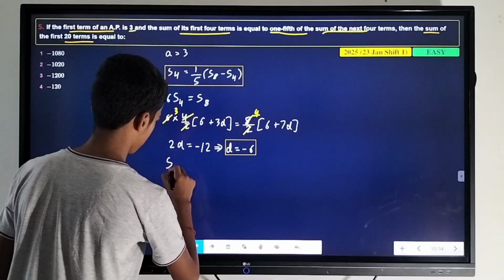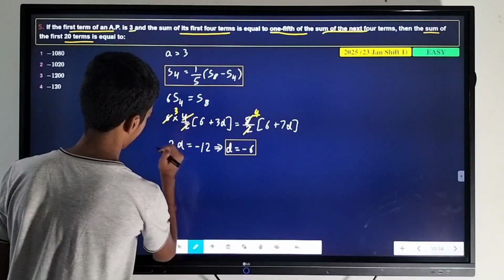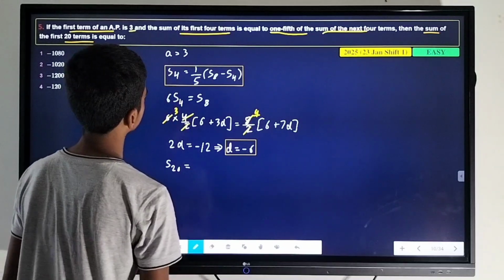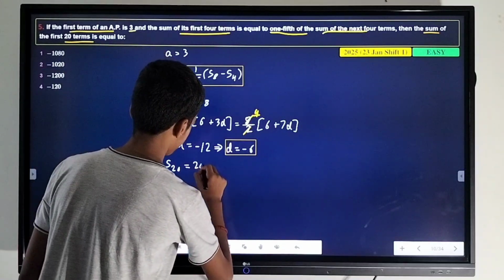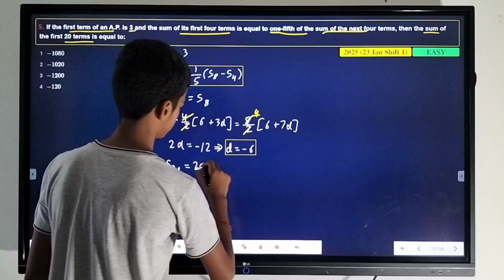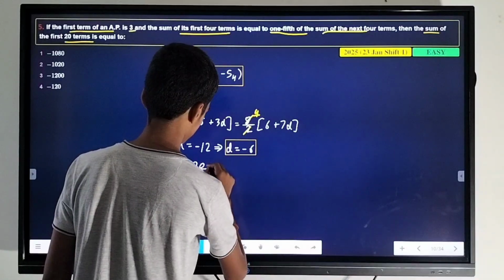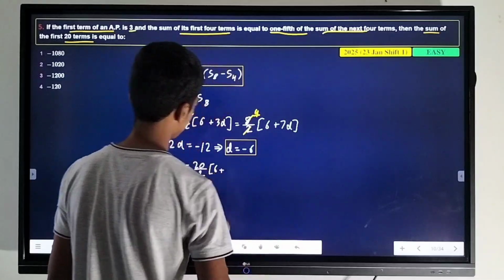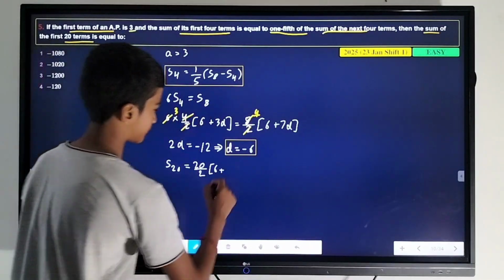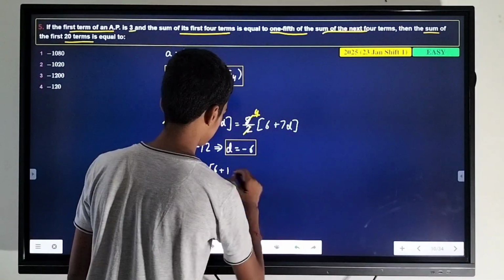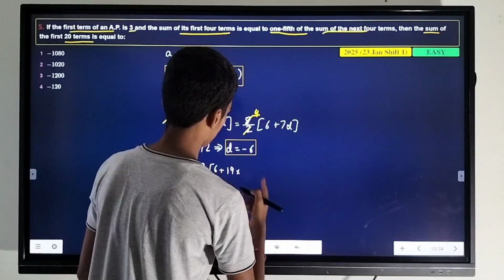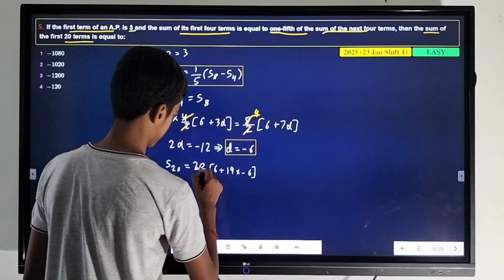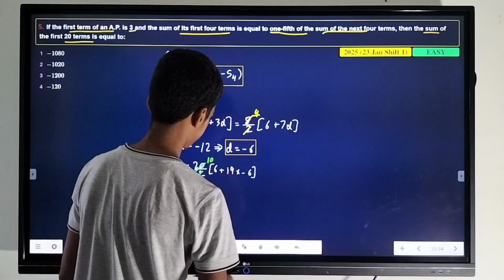So our sum of first 20 terms is equal to 20 upon 2 into 2a, which is 6, plus n minus 1, 19, into common difference minus 6. 2 will cancel 20 10 times.